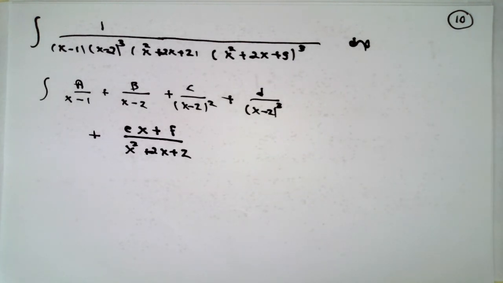In contrast to linear factors, an irreducible quadratic factor will have that factor in the denominator and a linear function upstairs. So I'll have an additional term ex plus f over x squared plus 2x plus 2. That's all there is for that one because that irreducible quadratic factor only shows up once.